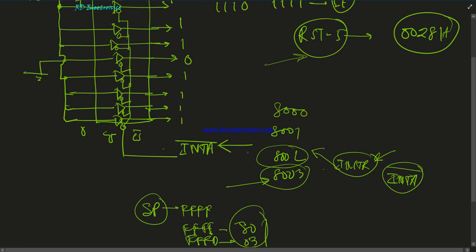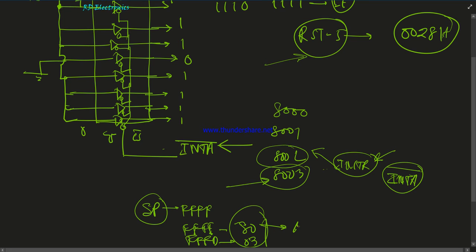This is stored on the stack because after returning from the interrupt service routine we continue in the main program. So the microprocessor saves the 8003 program counter value in the stack memory, and when the interrupt process is done, it comes back to the main program.